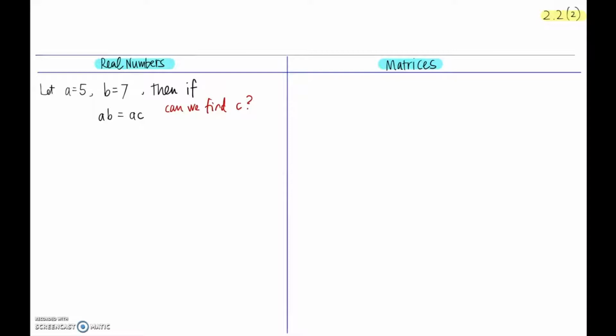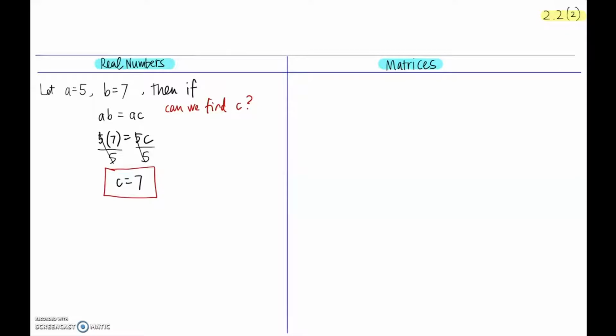And we've done this a million times, and it doesn't seem too hard. We would say, okay, A is 5, B is 7, A is still 5, and we have this C that we don't know. In regular old algebra, we would just divide both sides by 5, and then we find out that C equals 7. And this would be the solution.